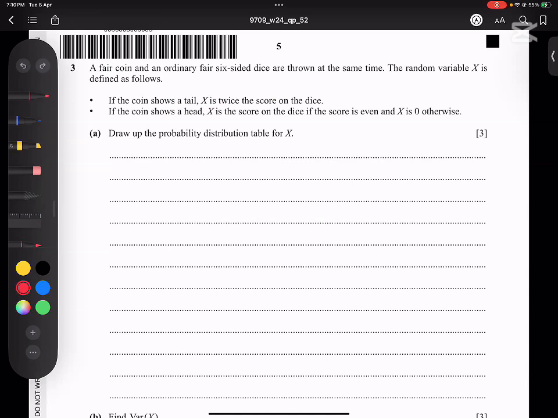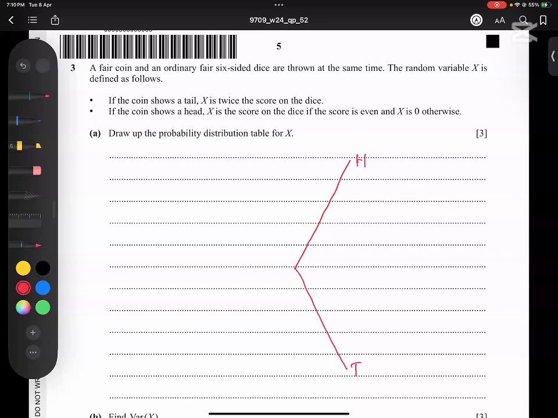So I think this diagram is very important to make. Look, head comes or tail comes.